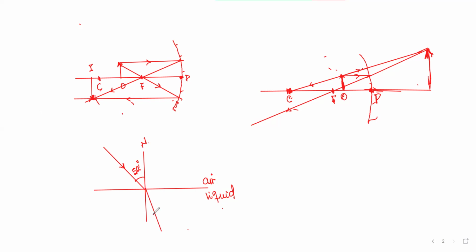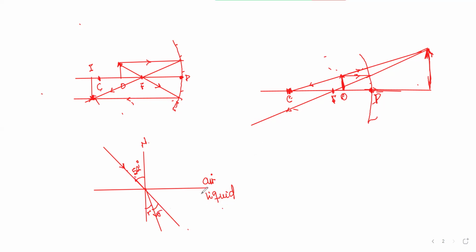This is the refracted ray, and so this is the angle of refraction R. When we extend the incident ray, it will give us the angle of deviation.